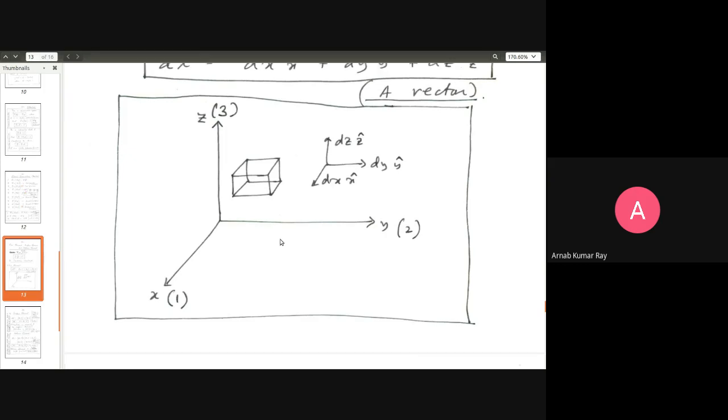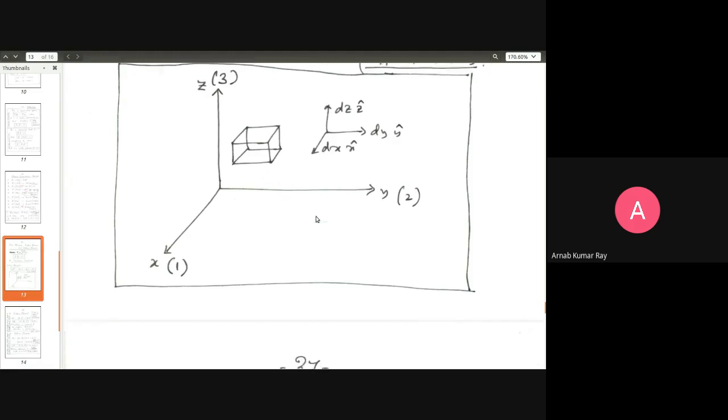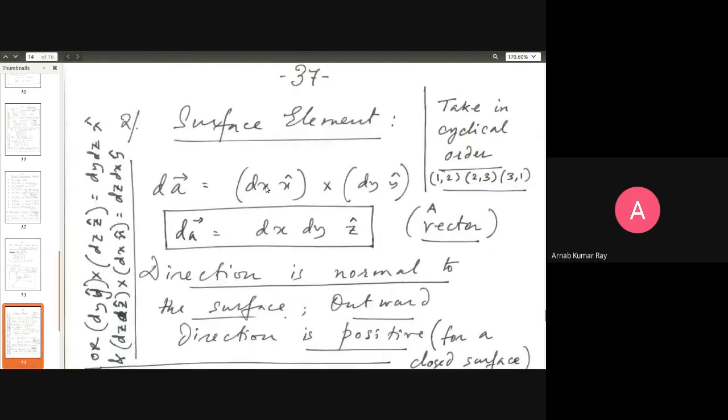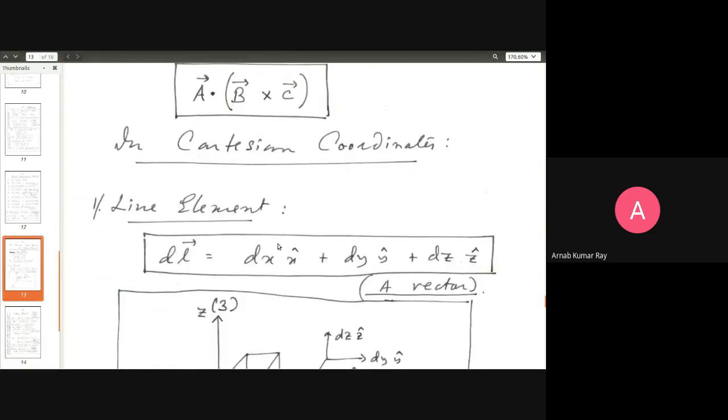Now the next task is for you to find the surface area element. There are 3 independent surfaces, although this cuboid has got 6 surfaces, 6 faces, but out of these 6, 3 are independent. And what are those 3? 1 2, 2 3, 3 1, where 1, 2, and 3 stand for x, y, and z.